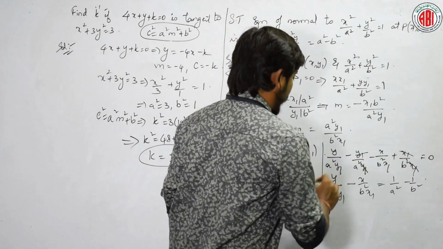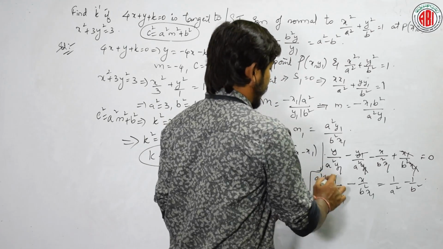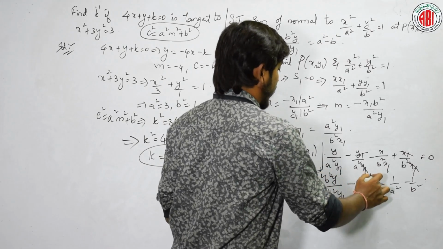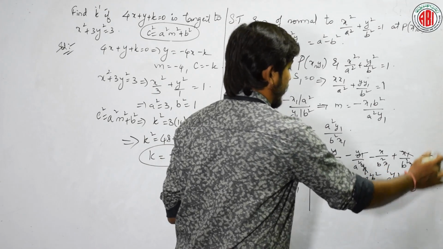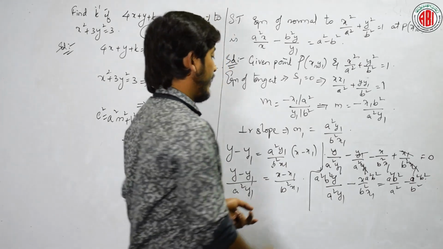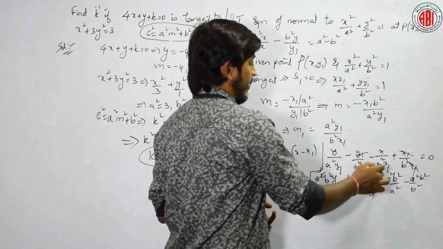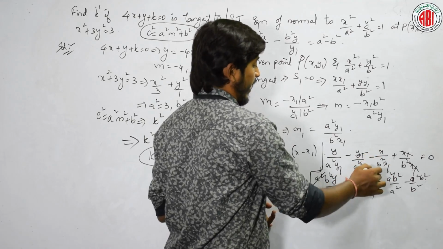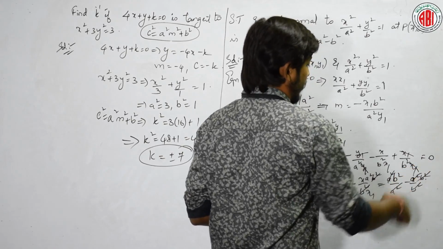What do we get here? a square will get cancelled here, b square will get cancelled there.